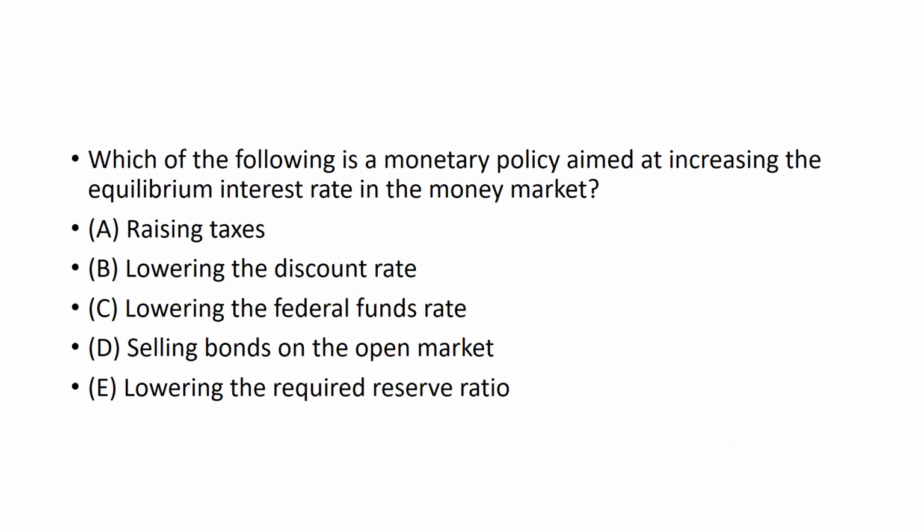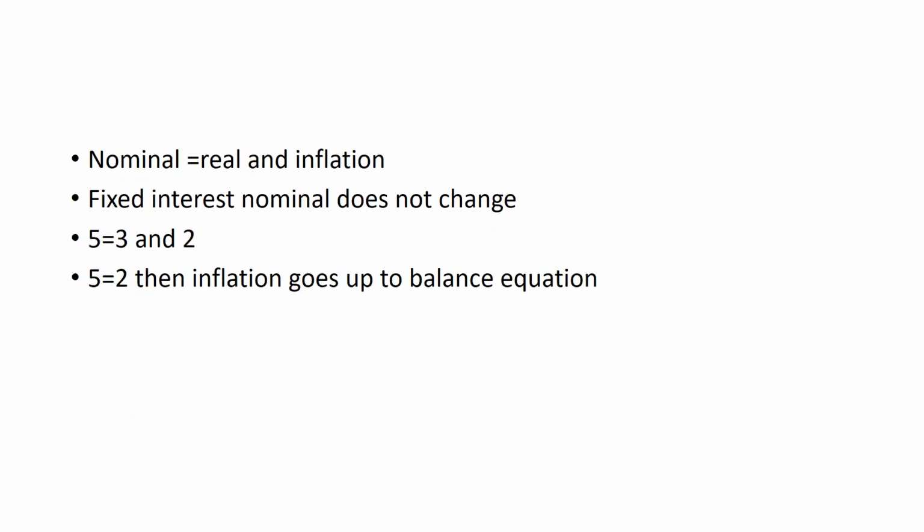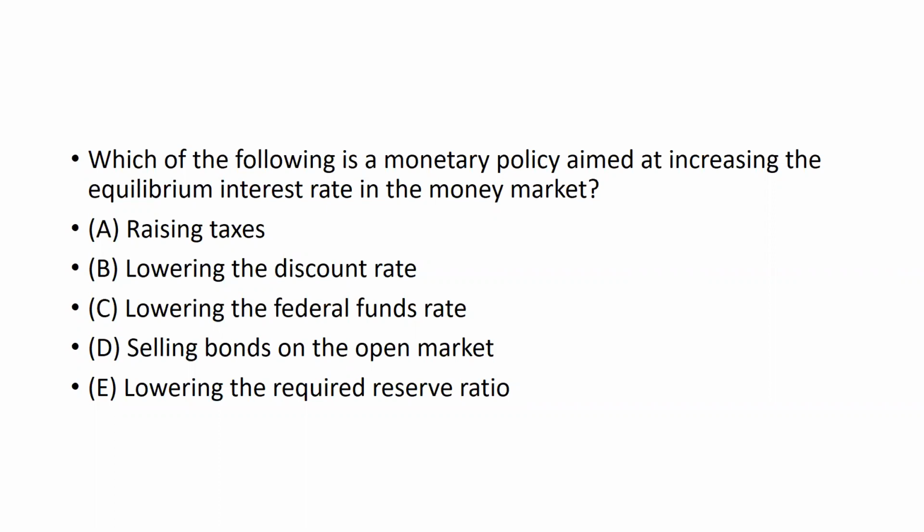Which of the following is a monetary policy aimed at increasing the equilibrium interest rate in the money market? All right. If it's the money market, I want to get the interest rates up.